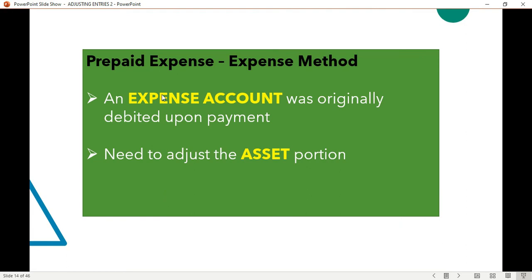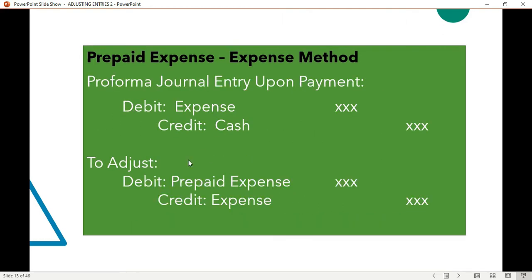Then next, still prepaid expense, but this time the expense method was used to recognize the prepayment. Meaning, an expense account was originally debited upon payment. So at the end of the period, you need to adjust the asset portion. This is the pro forma entry.